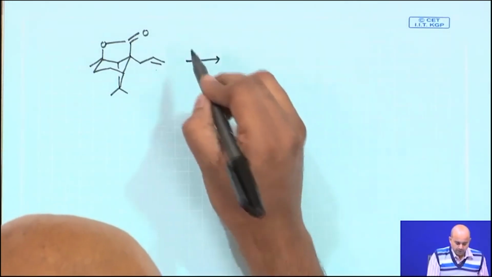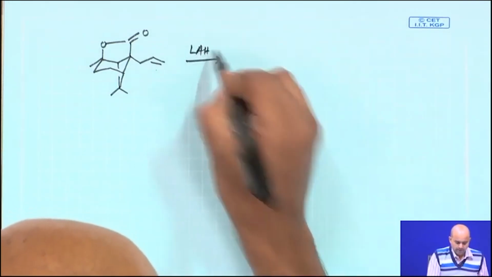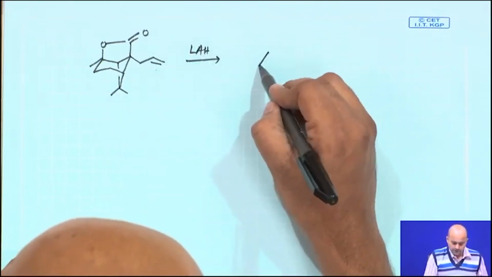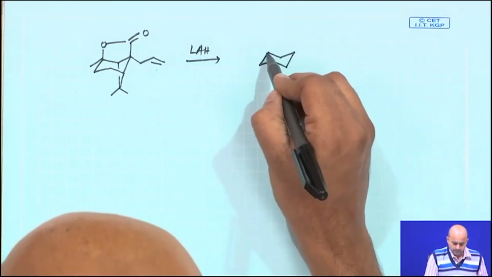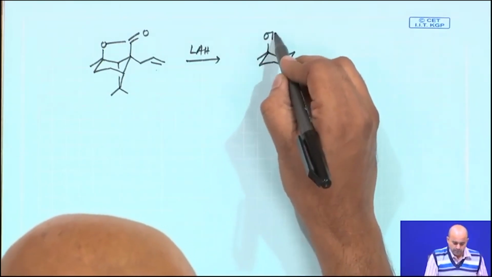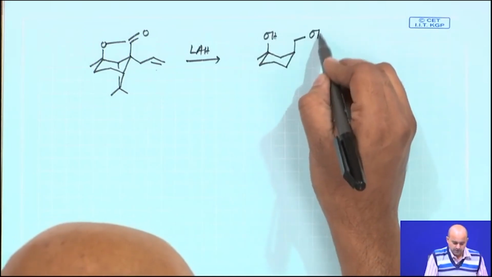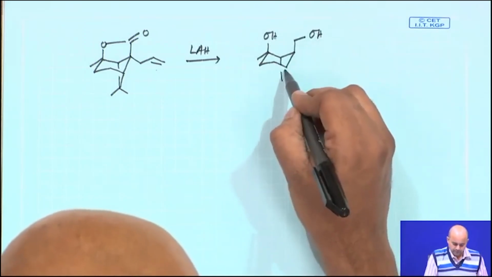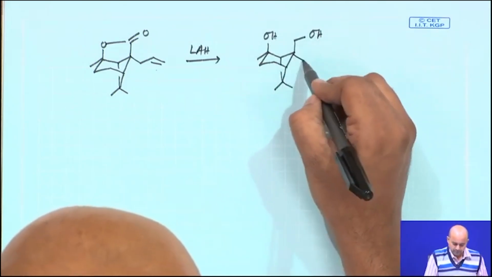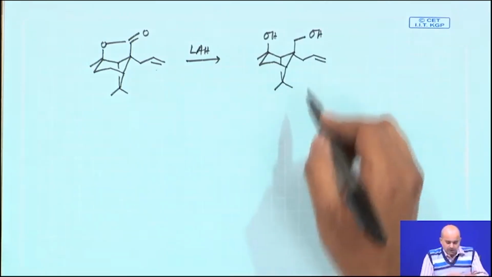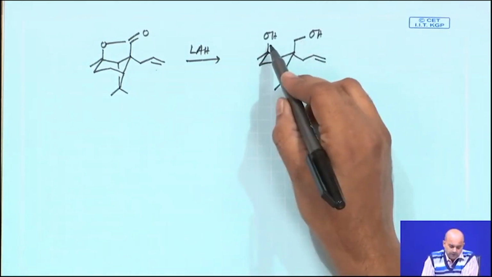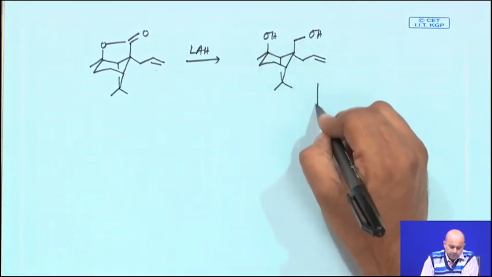This compound will now be subjected to lithium aluminum hydride as a strong reducing agent, and you will get the corresponding diol. Fine. Now, this is a primary hydroxy and this is a tertiary hydroxy.